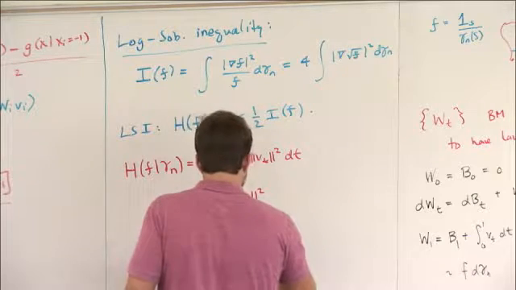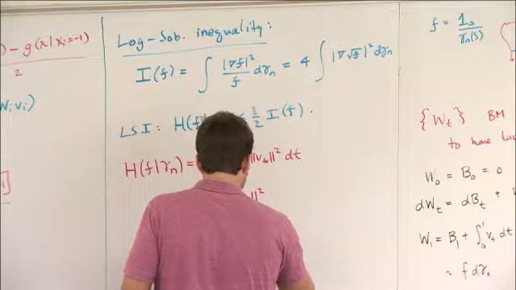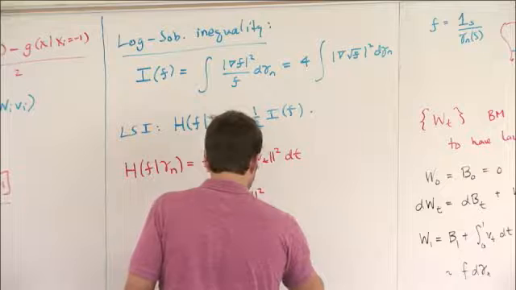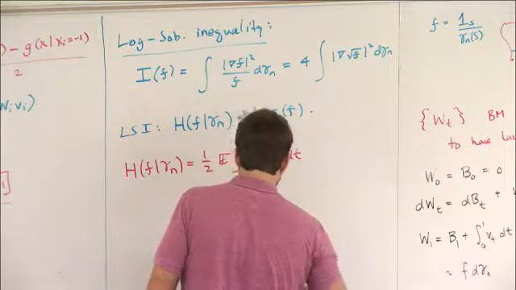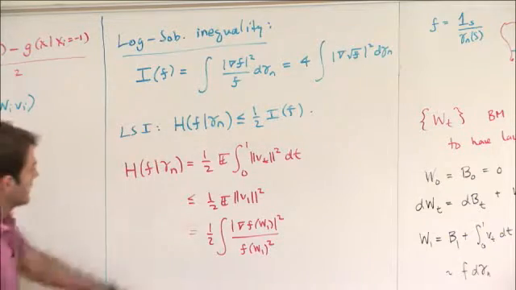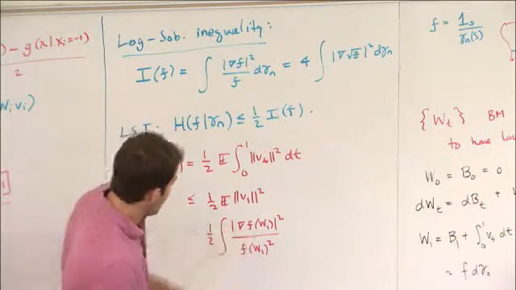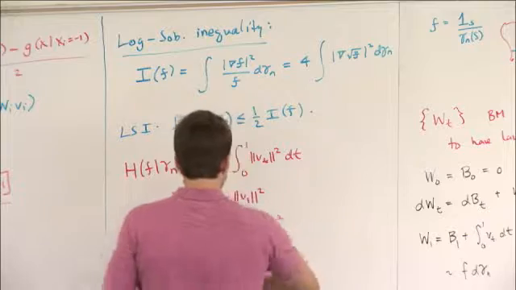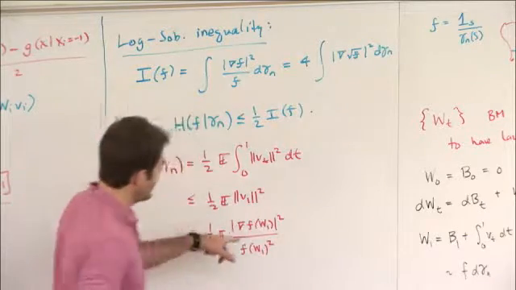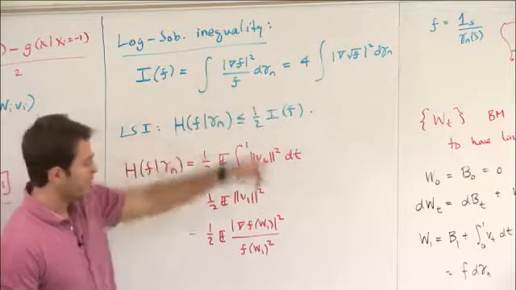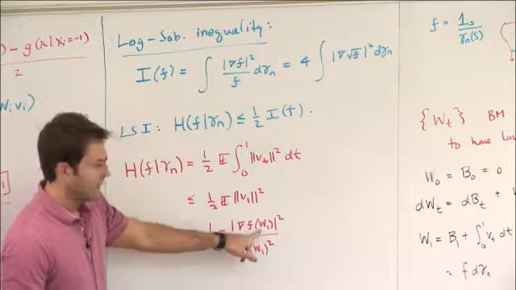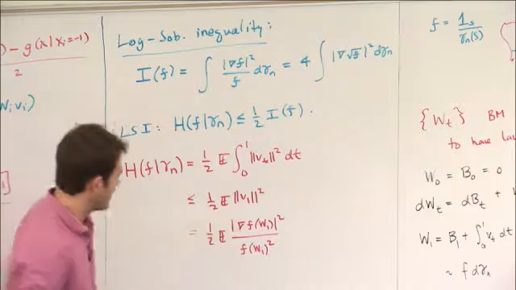If we look, it's gradient of f at w_1 squared divided by f of w_1 squared. This is not what we want. We want, let's put expectation here so it makes more sense, the gradient of f at a random Gaussian point, not at a point w_1, which is distributed according to f.